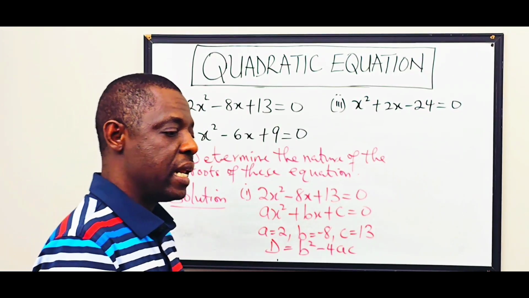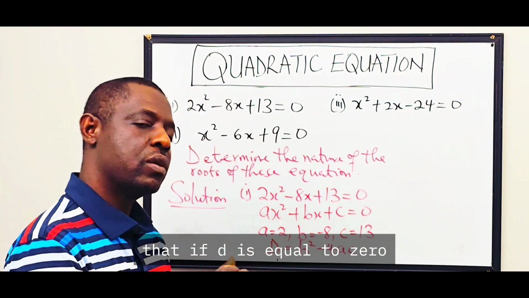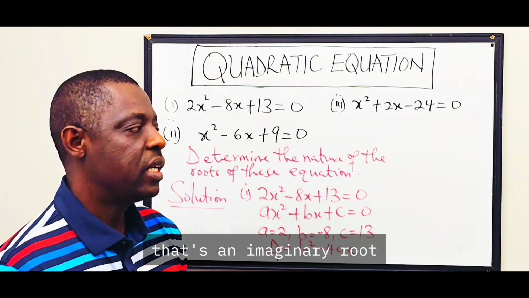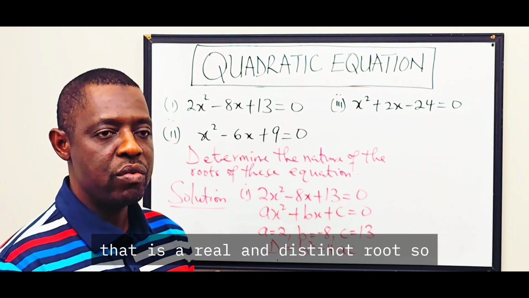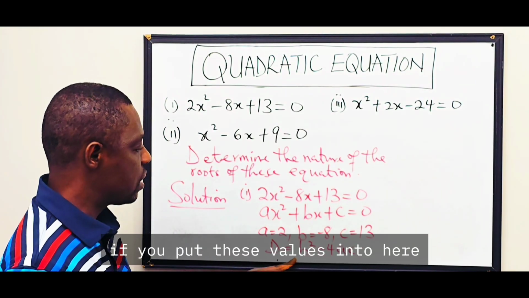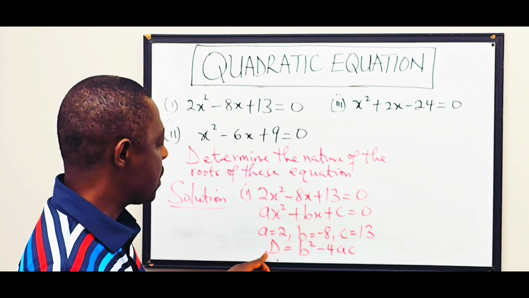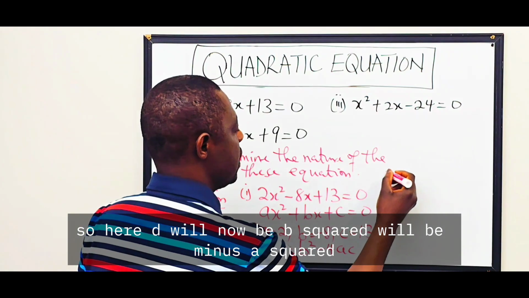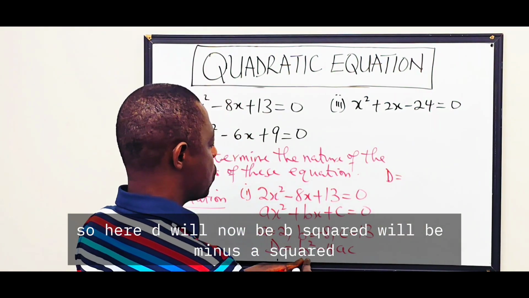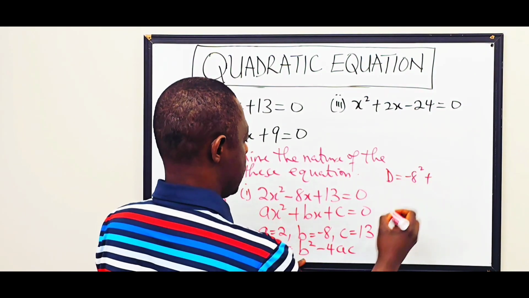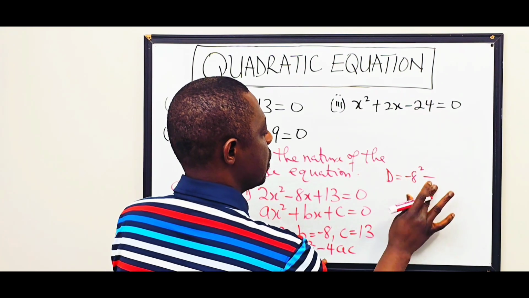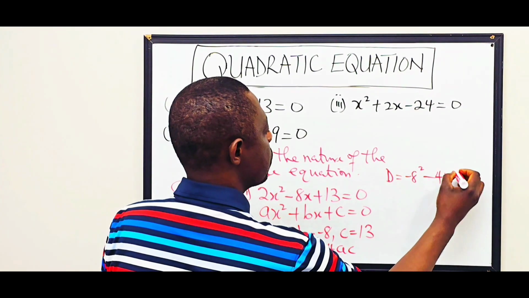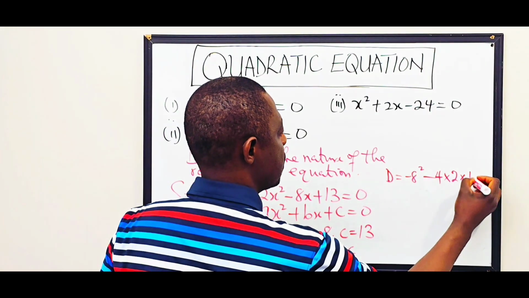And we already know that if d is equal to 0, that's an equal root. If d is less than 0, that's an imaginary root. If d is greater than 0, that is a real and distinct root. So if you put these values in, let's see the nature of that root. So here d will be minus 8 squared minus 4 times 2 times 13.